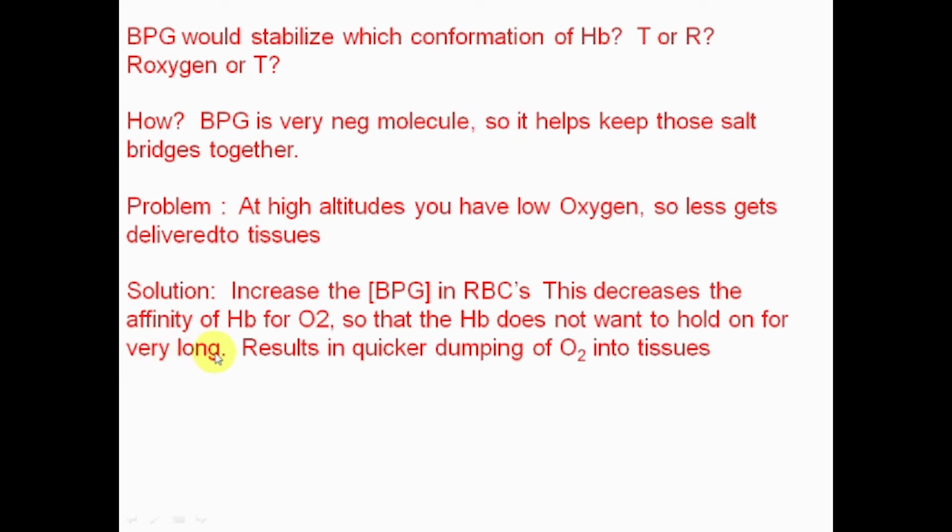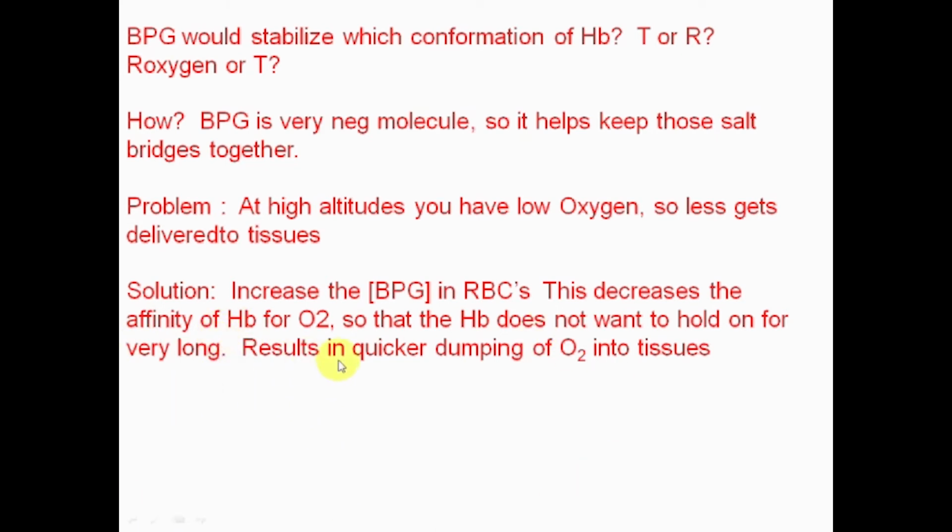It turns out that BPG doesn't affect the lungs' ability to pick up oxygen, but it does have an effect on how quickly hemoglobin will dump the oxygen. Because the affinity is low, once the hemoglobin is delivered to the tissues, it's going to unload the oxygen very quickly.